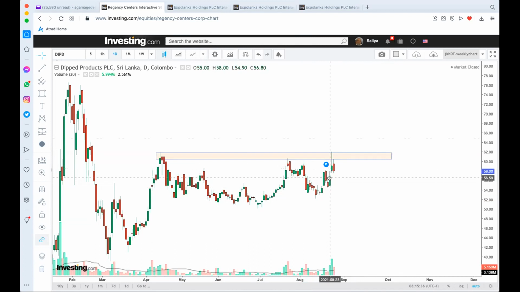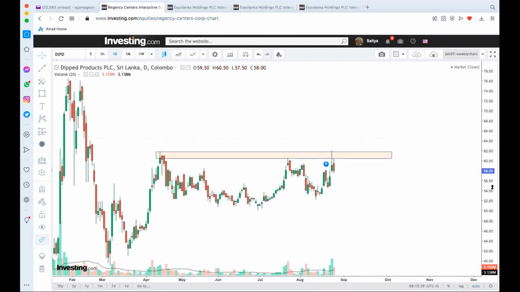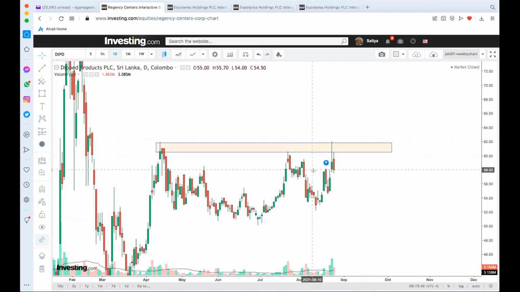Now it is very important that we understand the importance of a range, meaning this low to this high. For all the candles, you have the low to the high range. You can see this candle was trading inside that range.